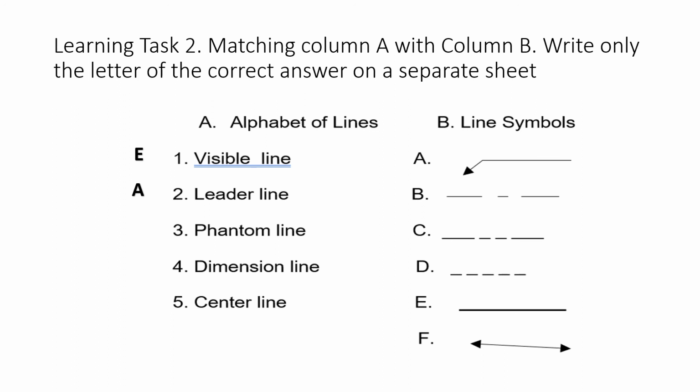Number 3, phantom line is letter C: one long, two short dashes, and one long, two short dashes alternately. Dimension line is letter F: it has two arrowheads. And for your center line, we have letter B: one long, one short, one long.